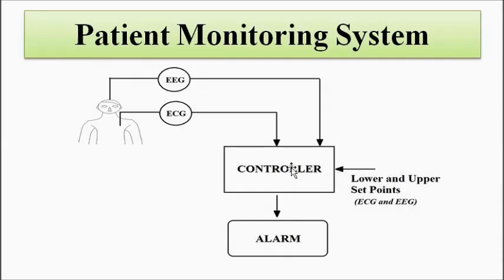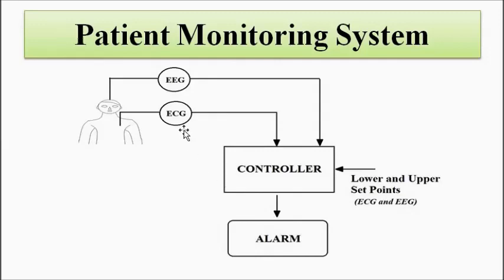Any fluctuation in the ECG and EEG signal above or below these lower and upper set points, the safe level, will trigger an alarm. It can be in the form of a buzzer or blinking of a light or whatever. So this is a very simple example of a patient monitoring system.